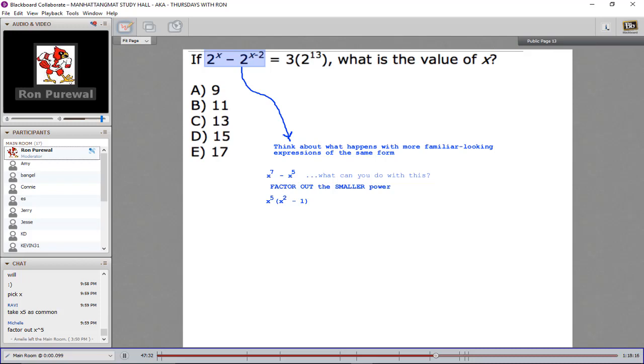Similarly, if you have 2 to the 7th minus 2 to the 5th, obviously you could just evaluate them as numbers, but you could also factor out 2 to the 5th. It would work out, because it doesn't matter if that's an x or a 2. Give me a smiley face if that makes sense.